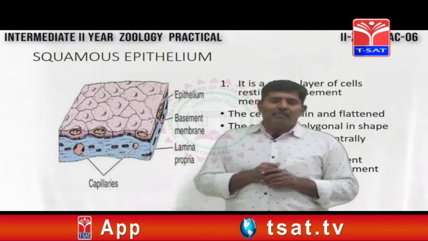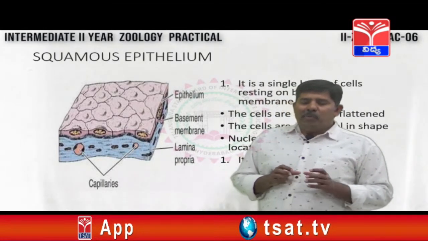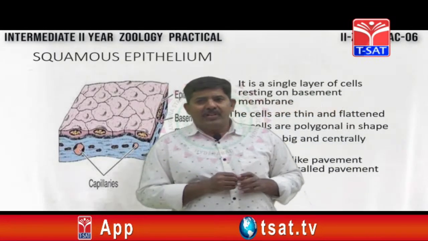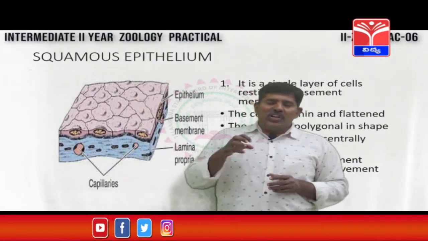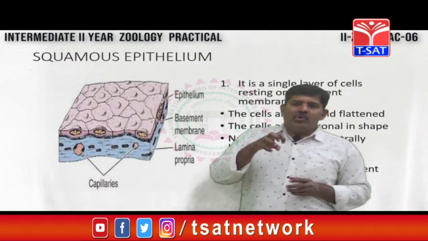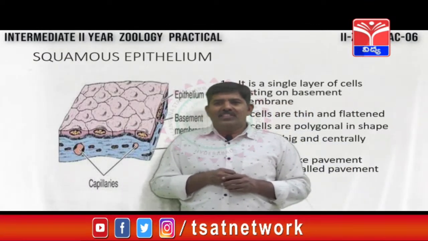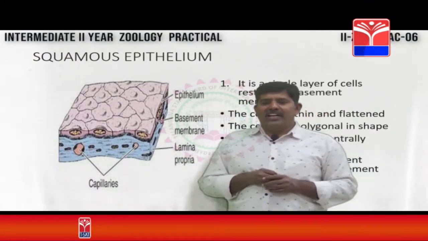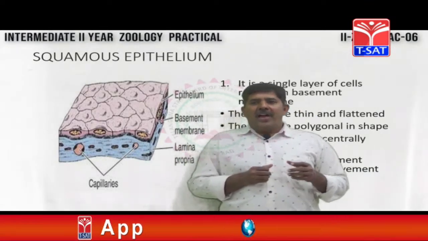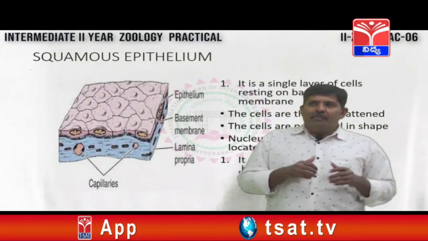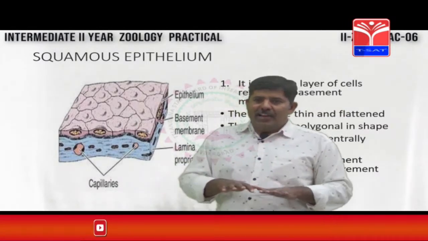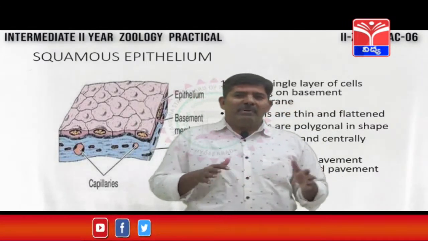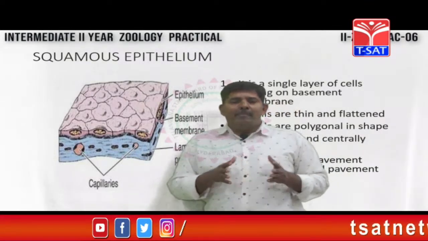The nucleus is big and located in the central portion of the cell. This is the important structure, and it appears like tiles on flooring. So that's why it is called pavement epithelium.